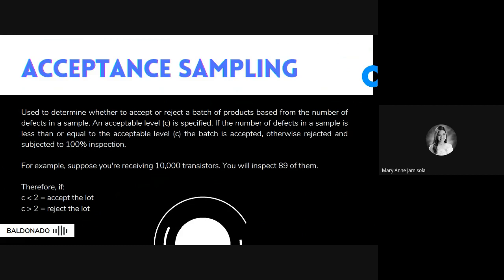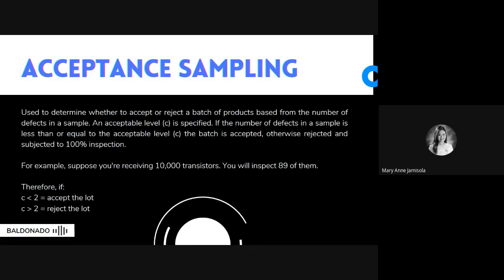So, for example, if we received raw materials from our suppliers, before we use the raw materials in our production process, we have to assess first whether the quality of the raw materials is acceptable or not. So acceptance sampling is used to determine whether to accept or reject a batch of products based on the number of defects in a sample.